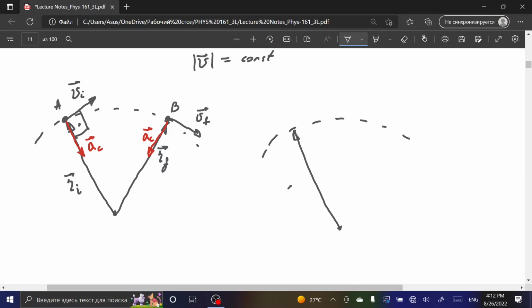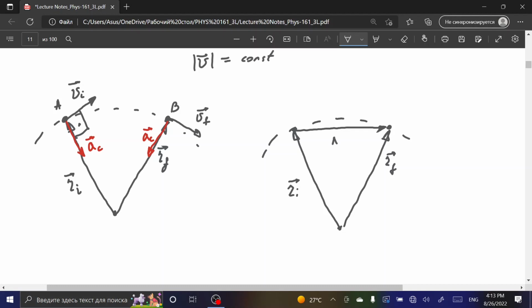Our initial radius vector, our final radius vector. So now we can draw one more vector which connects the initial and final point of this object along the circular trajectory.